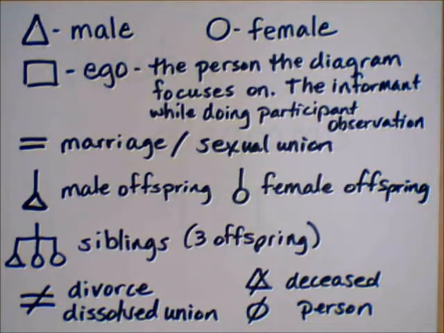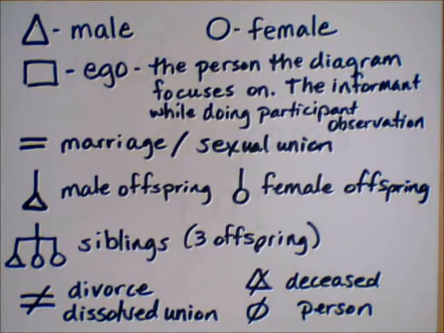You could have as many little offshoots from that vertical downward line as you need to show as many siblings as necessary. That particular example shows 3 offspring, 3 full siblings.